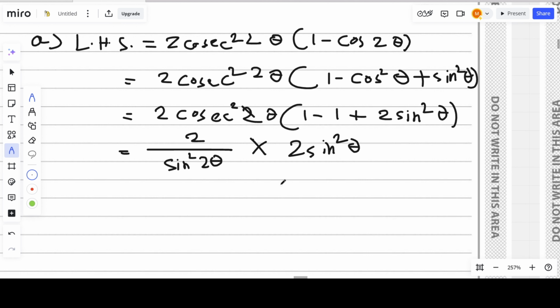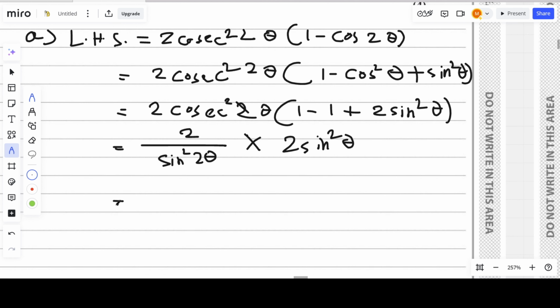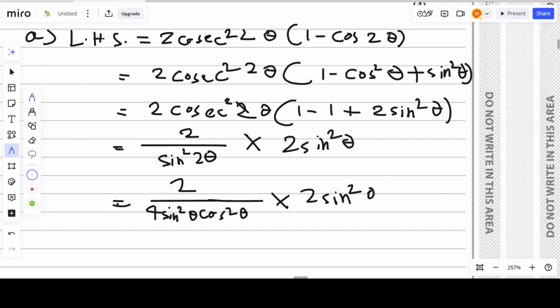Next, simplify sin squared 2 theta. Sin squared 2 theta can be written as 4 sin squared theta cos squared theta. So we have 2 over 4 sin squared theta cos squared theta, and 2 sin squared theta was there, so multiply as it was.